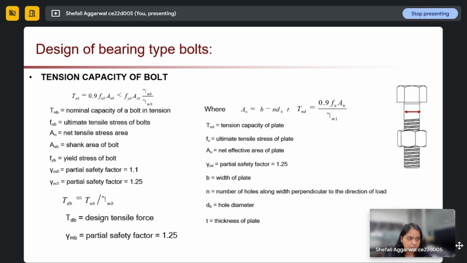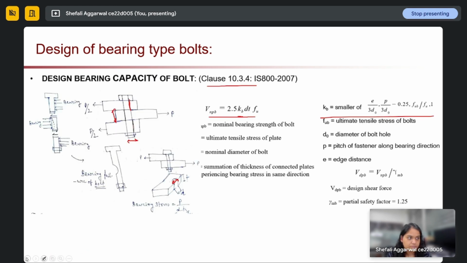Okay, can you go to the previous slide and design of bearing? Yes. So here, the bearing seems to be the same as crushing or some kind of pushing the bolt into another. I was not able to completely define it. Seeing the pictures, I can understand it's kind of crushing.